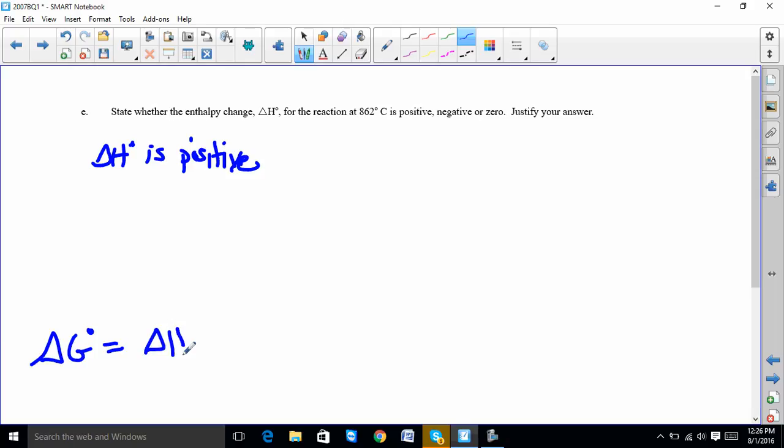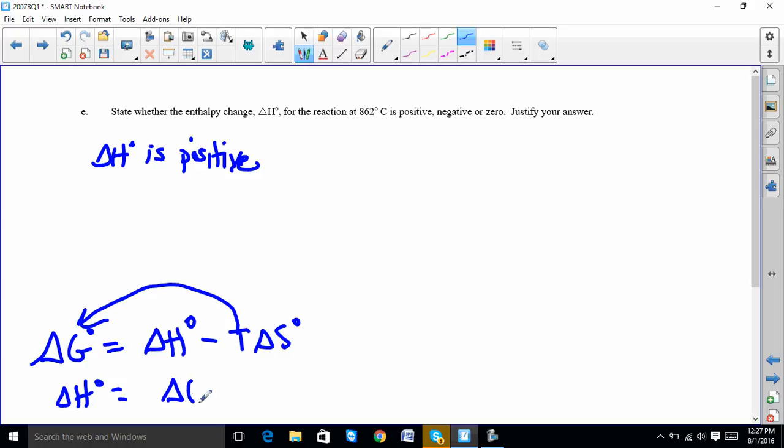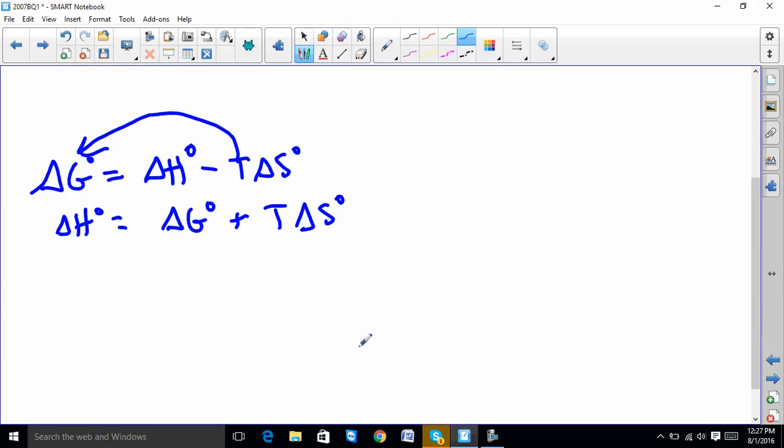I'm going to solve this equation for delta H. So you can see that delta H is equal to delta G plus T delta S. And so here's why we know it's positive. We just calculated this. This is positive 272.